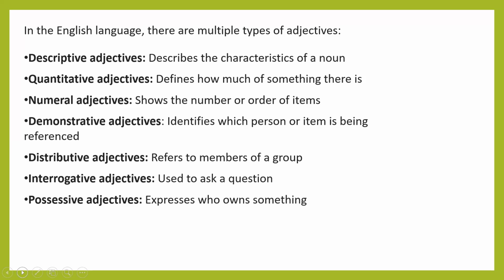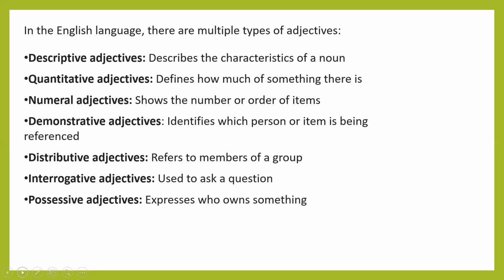Demonstrative adjectives identify which person or item is being referenced. Distributive refers to members of a group. Interrogative, as the word suggests, asks a question. Possessive adjectives express possession, who owns something.